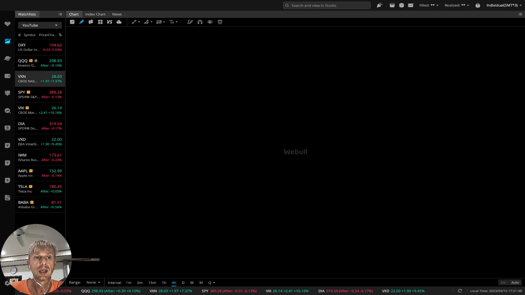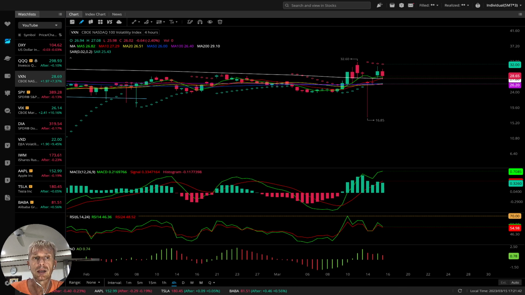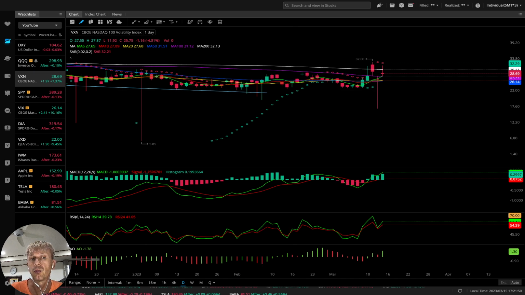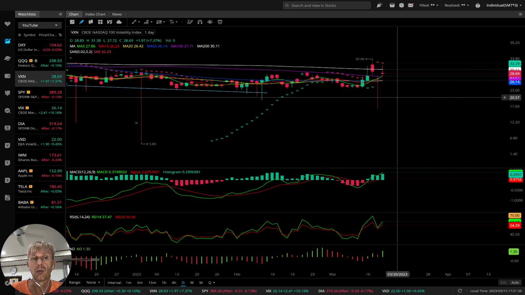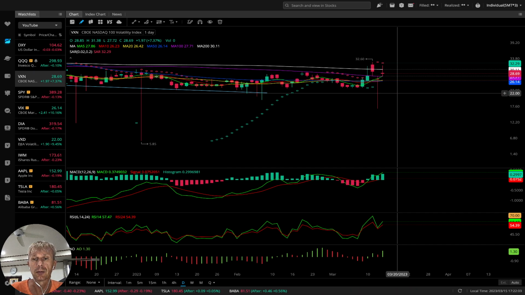Let's move to VXN. VXN positive. Look at the volatility index, plus 7%. When Qs is positive and VXN is positive, it's disconnected. It should be opposite. When the volatility index is positive, it is negative for Qs.